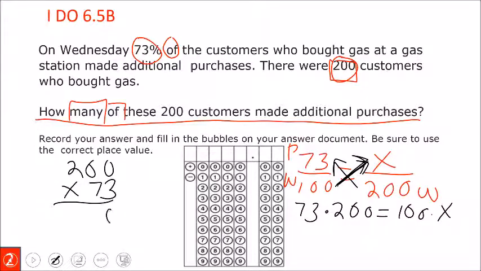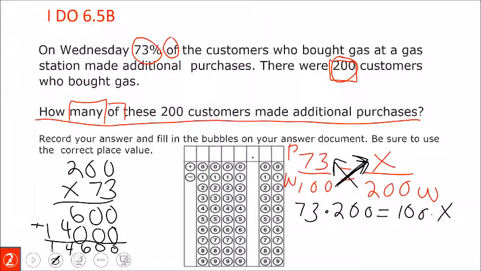3 times 0 is 0. 3 times 0 is 0. 3 times 2 is 6. 7 times, oh, I need my placeholder. 7 times 0 is 0. 7 times 0 is 0. 7 times 2 is 14. So let me do my addition here. 6 plus 0 is 6. 4 plus 0 is 4.